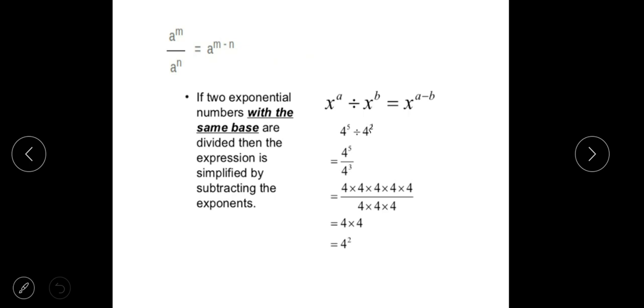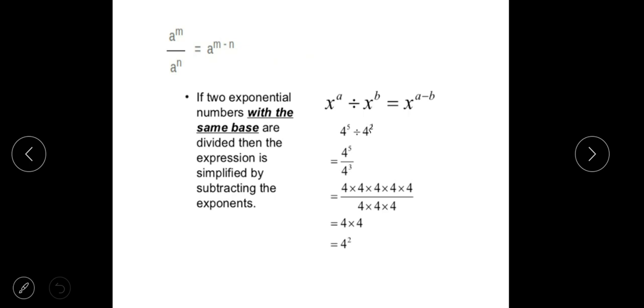If you do this by the usual method, 4 raised to 5 in the numerator we can write as 4 into 4 into 4 into 4 into 4, right? Divide by 4 into 4 into 4, 4 cube, right? Then after cancelling, 4 by 4, 4 by 4, 4 by 4 will be cancelled to 1, right?